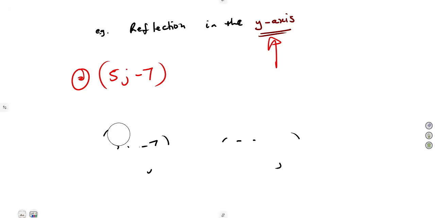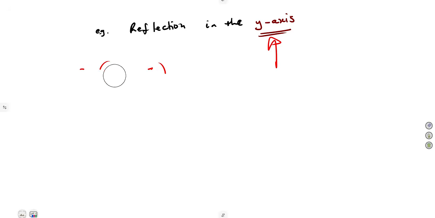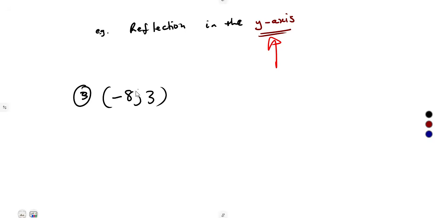A point is transformed there. We can have a point again, let's say (minus 8, 3). So given (minus 8, 3), it is going to transform its image along the y-axis. Remember, it is the x value that is affected. We need minus x here.